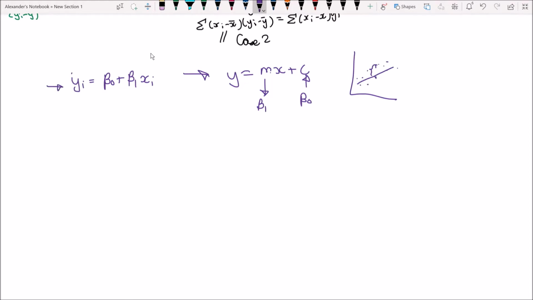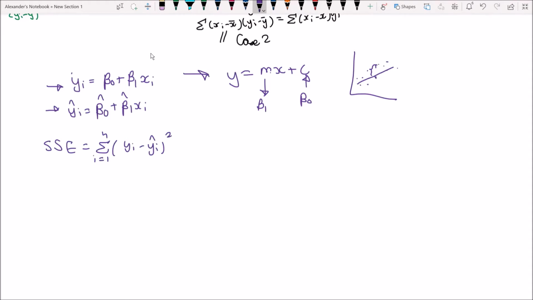So this is a population regression model. Your sample regression model, or your estimated model, is yi hat equals beta 0 hat plus beta 1 hat xi. And the sum of squared errors is equal to the summation from i equals 1 to n of yi minus yi hat, squared.